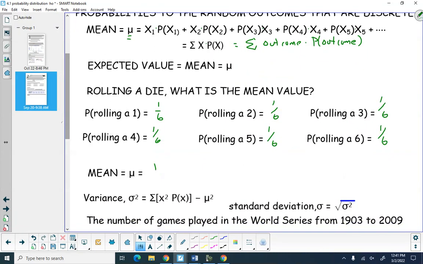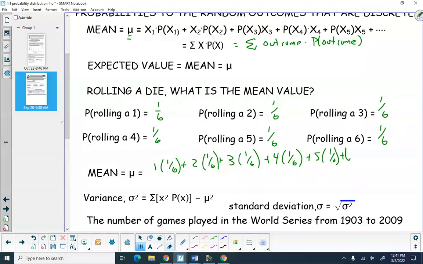So we have 1 times 1/6 plus 2 times 1/6 plus 3 times 1/6 plus 4 times 1/6 plus 5 times 1/6 plus 6 times 1/6.